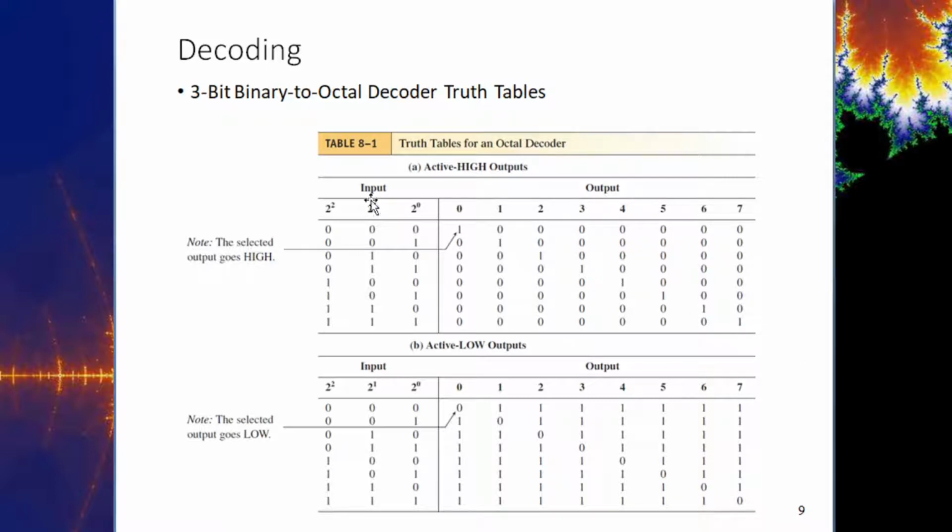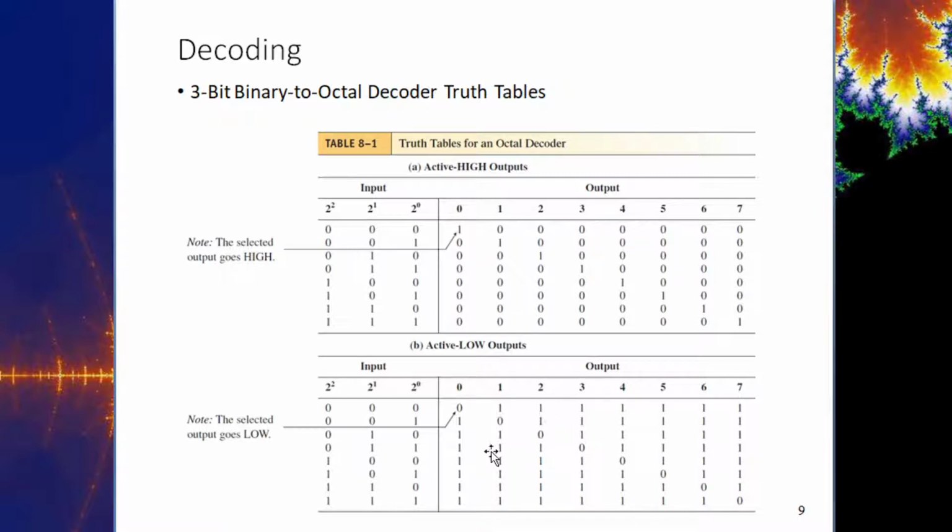Now, this is for active high outputs. Active high, remember, is at rest at 0, and when it goes active, it goes high. Active low outputs will have all outputs resting at 1, and when you want it to be active, it will go to 0. Remember, any type of active low switch, output, or input is used because it helps to fend off electromagnetic noise that might cause a load to accidentally go high.